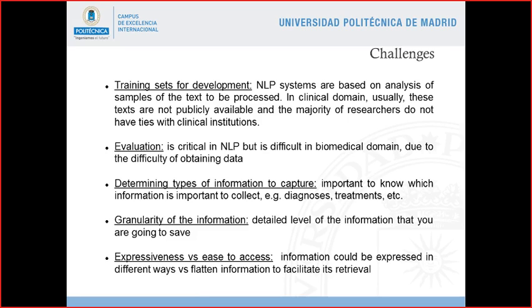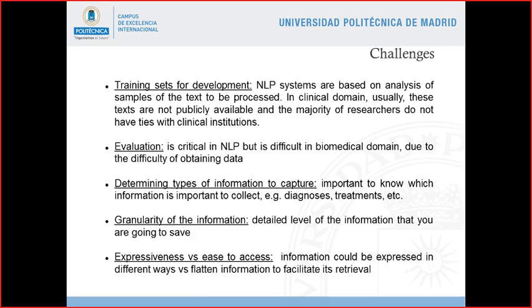Also, evaluation is critical in NLP, not only in the biomedical domain but in general. But in the biomedical domain, you have the difficulty of obtaining data to train, to test, and to evaluate. You have to determine the types of information to capture. So it's important to know which information you have to collect, for example, diagnosis, treatments, etc.